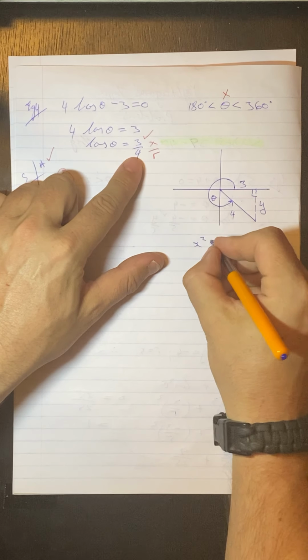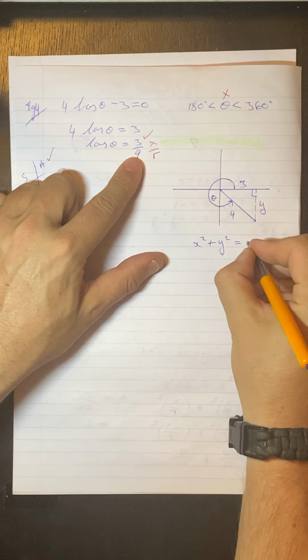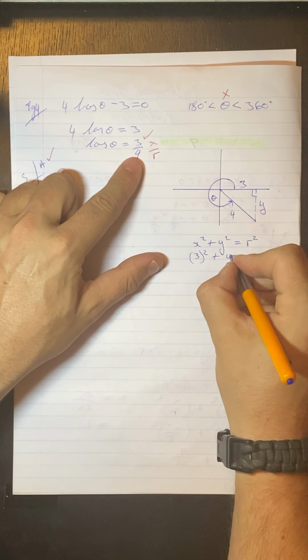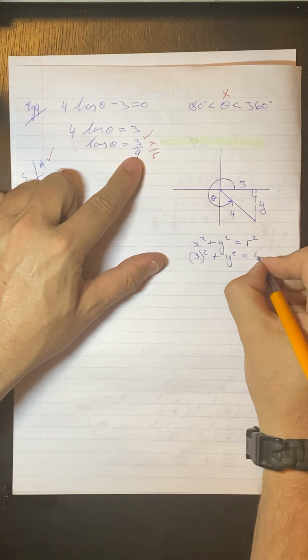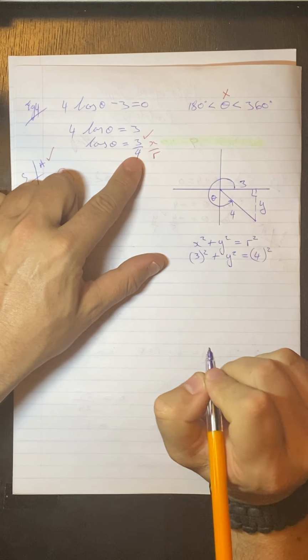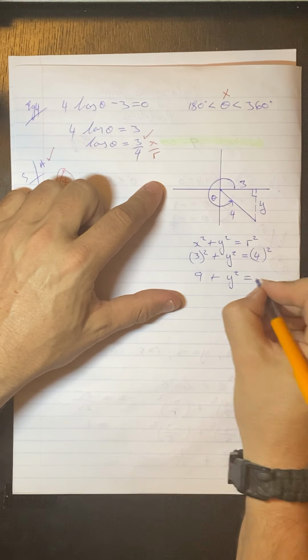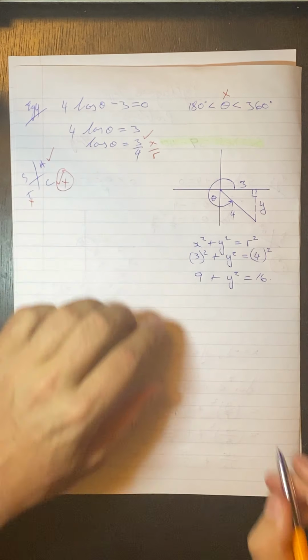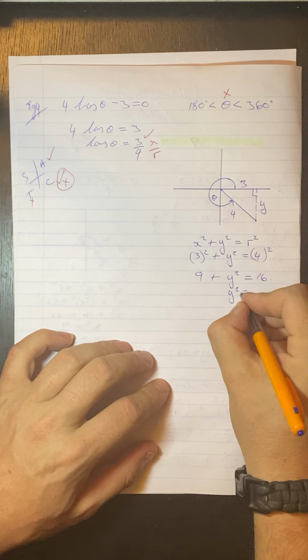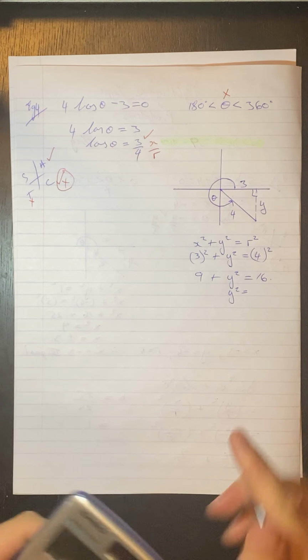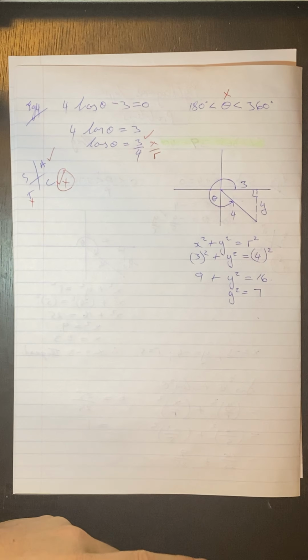So x squared plus y squared equals r squared. So this is 3 squared plus y squared equals 4 squared. This is 9 plus y squared equals 16. So y squared is equal to, take the 9 to the other side, and we get 7.